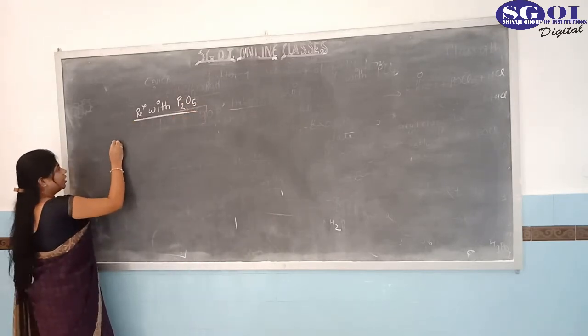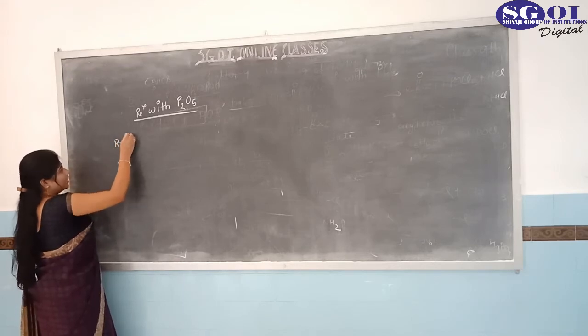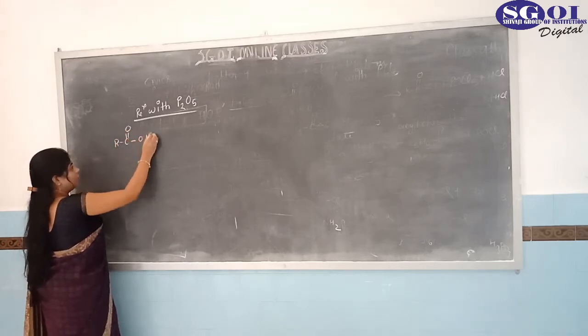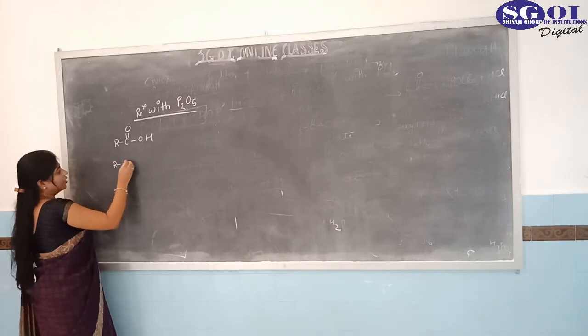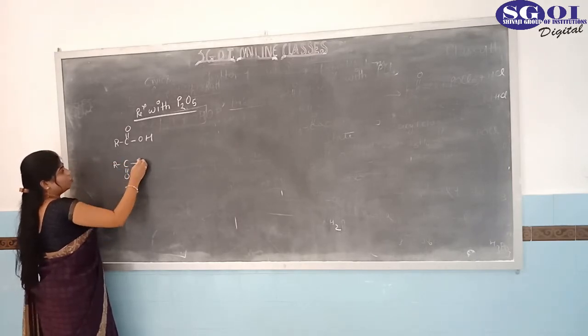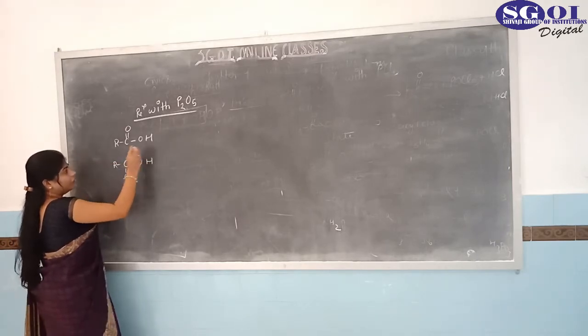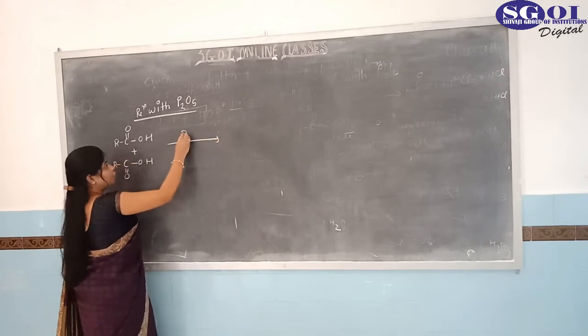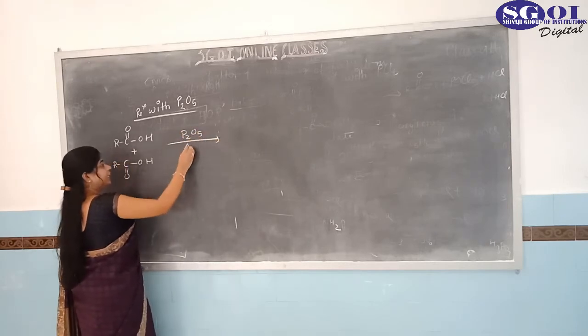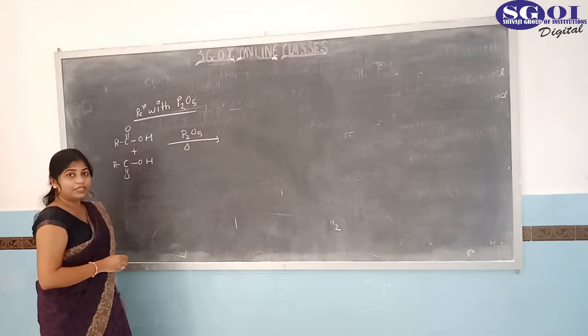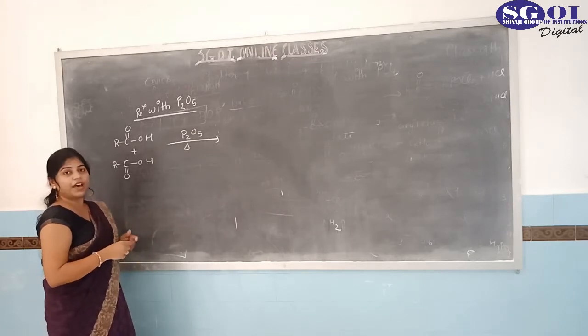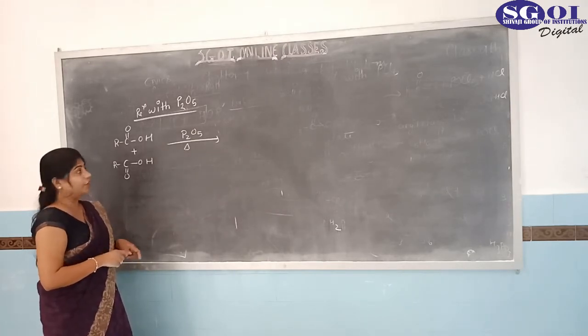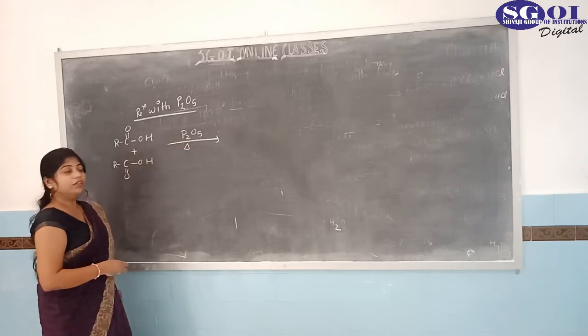क्या करना है? Here we take two molecules of carboxylic acid, that is RCOOH, one more RCOOH. React to each other in the presence of P2O5. After heating, removal of water takes place, and because P2O5 acts as a dehydrating agent here, it absorbs that water.